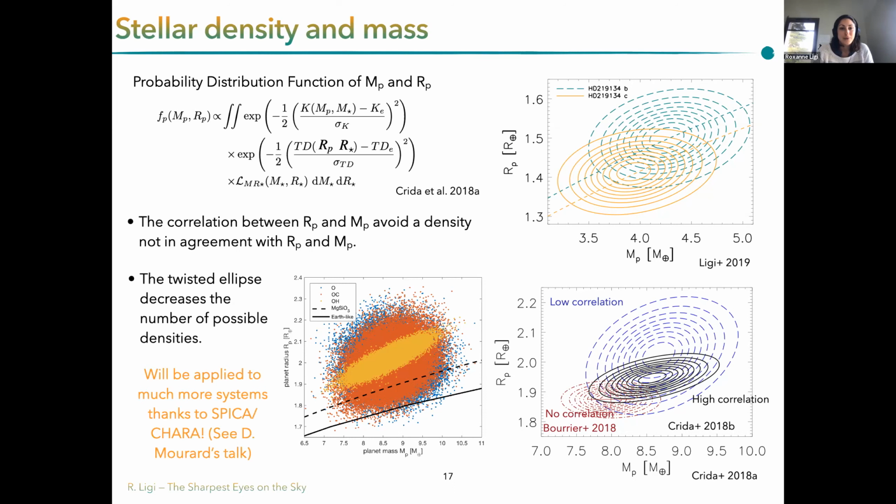We would like to apply this method to many other exoplanet host stars. This is one of the aims of the SPICA instrument, so I encourage you to see the talk by Denis Mourard later in the week.